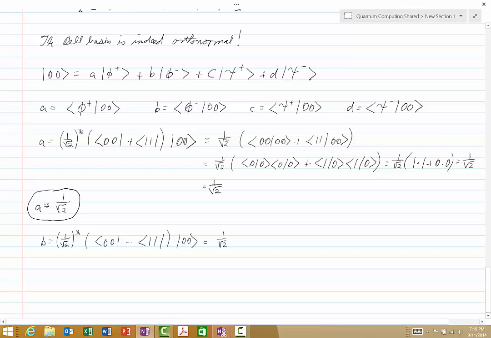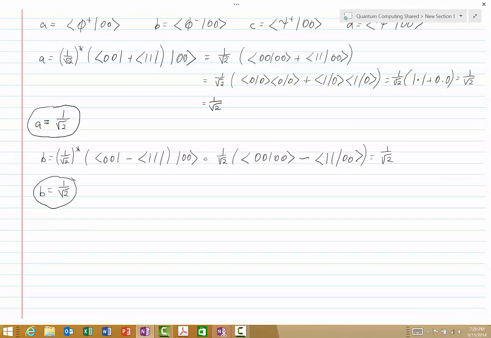And again, the complex conjugate of 1 over square root of 2 is 1 over square root of 2, and we will get 0, 0, 0, 0, and this time minus 1, 1, 0, 0. And this time I won't show quite so many details. We can see that this is equal to 1 over square root of 2. So B, like A, is equal to 1 over square root of 2.